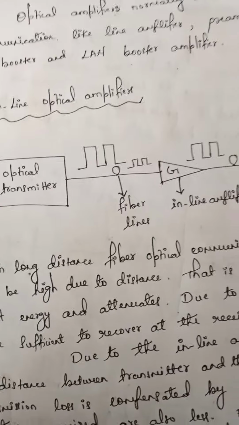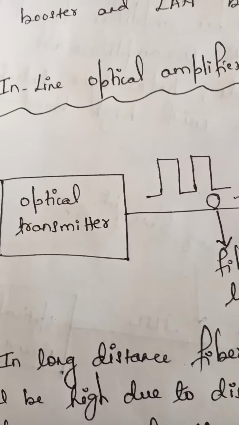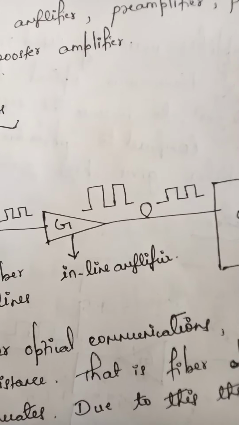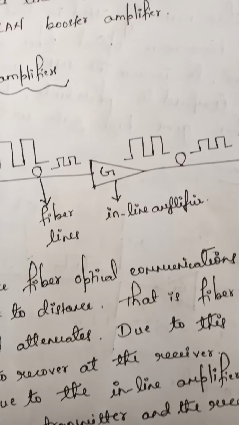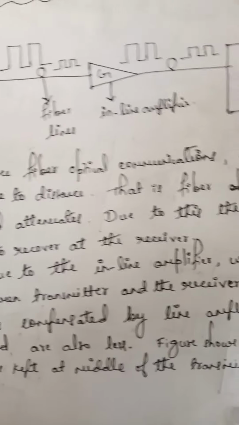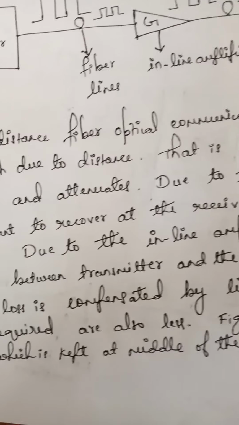Inline optical amplifier. This is a block diagram of the inline optical amplifier, which consists of an optical transmitter and optical line. The inline amplifier comes in between the optical transmitter and the receiver. In long distance fiber optical communication, attenuation will be high due to distance.